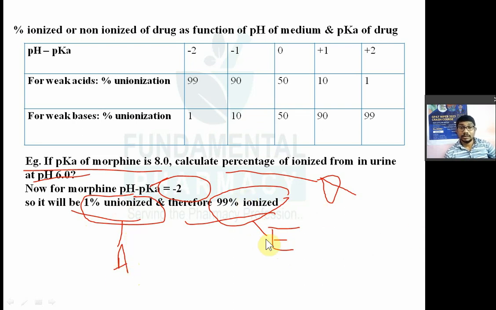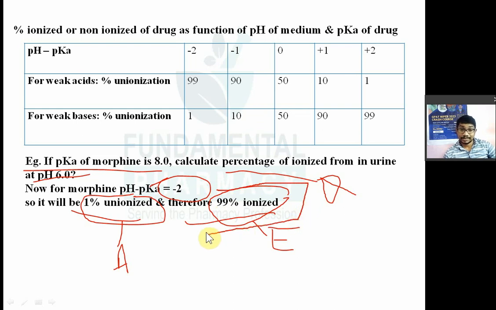So अगर यही क्वेश्चन आपको अलग से पूछे, if pK of morphine is 8, calculate the percentage of unionized drug.